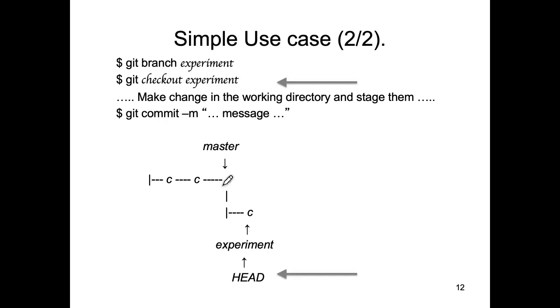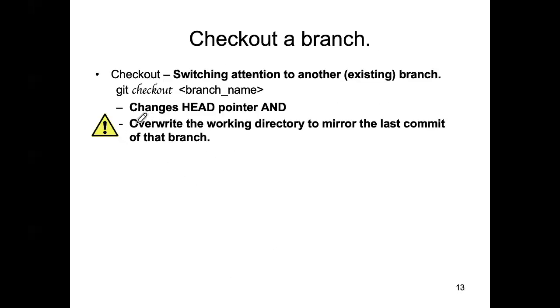So when you do a git checkout to a different branch, your working directory is effectively overwritten by whatever the status of the repository was when you last committed to that other branch. And that's kind of what I'm saying here, right? It does overwrite your working directory when you use this git checkout command, potentially.